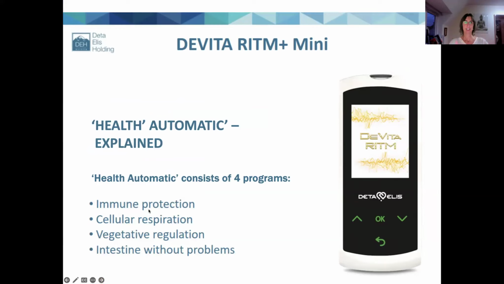And we alternate that each day with the health program, Health Automatic, which has an immune protection program, helping the immune system, a cellular respiration program, ensuring that our cells are working optimally, a vegetative regulation program, balancing and regulating all the organs affected by the autonomic nervous system, and then a digestive intestinal program to help the intestines and some of the digestive system.